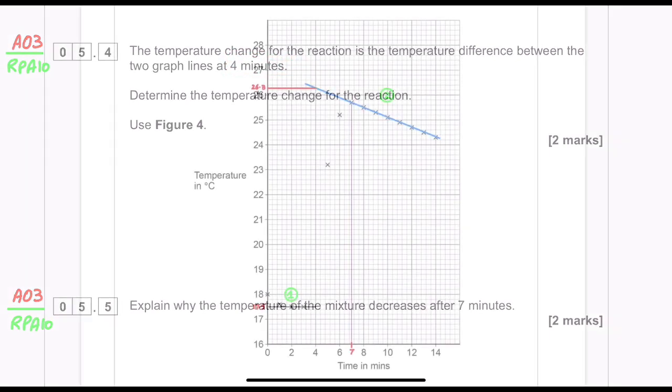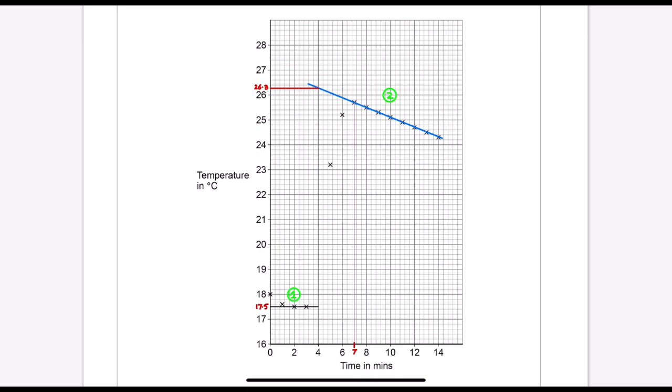Let's see figure number 4. In figure number 4, we can see that at 4 minutes, one line is this one at equilibrium. The other line is this one, which we already extended up to 4 minutes. And this is called the temperature change at 4 minutes.